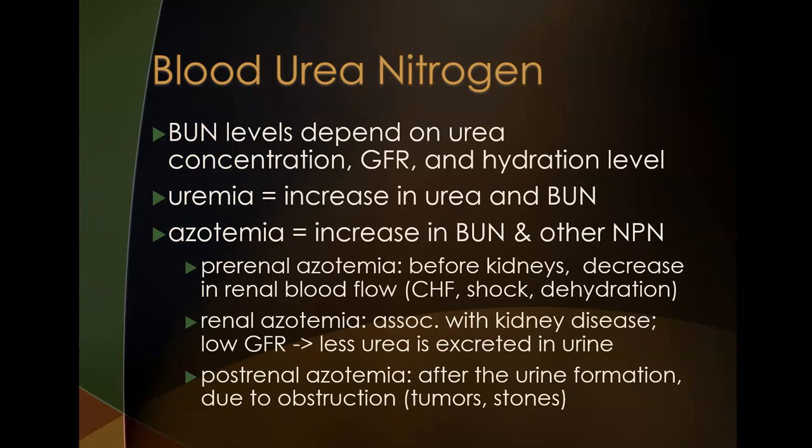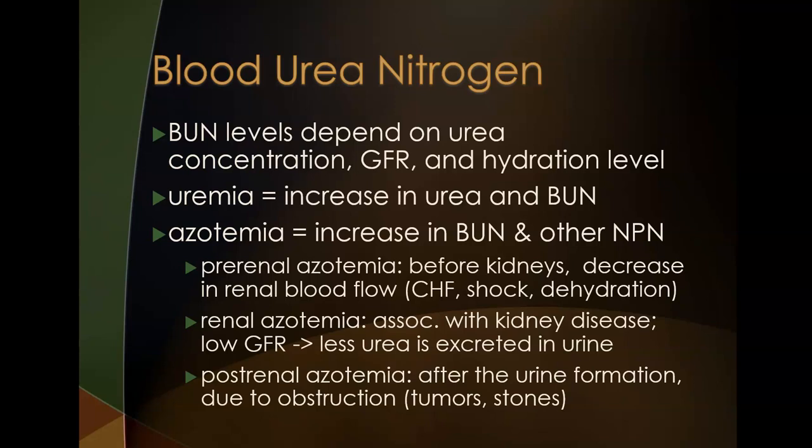So they can fluctuate. If you're dehydrated, your BUN will go up. As soon as you rehydrate, it'll go back down. And then, of course, if your kidneys aren't filtering it, it will be elevated. And urea concentration could simply also be related to your protein turnover and how much protein you're eating and stuff like that. So those are all factors that play into your blood urea nitrogen level.